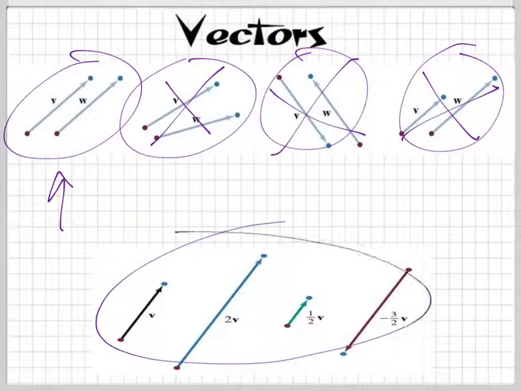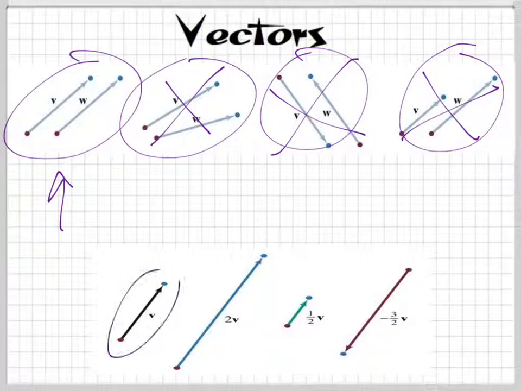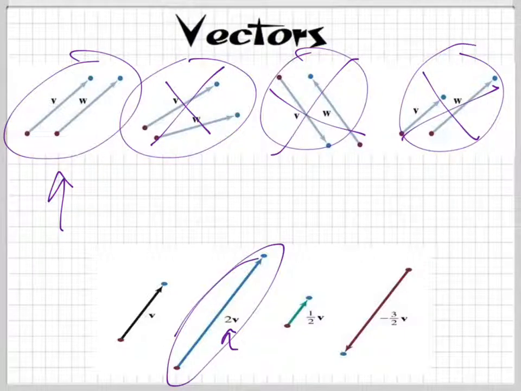Down here, we have a vector, this v right here, getting multiplied by a scalar. If it's multiplied by 2, then the vector doubles in size. If the scalar is a positive number, the direction doesn't change, but the magnitude does. Right here we have 1/2, which shortens the magnitude, yet the direction is still the same.